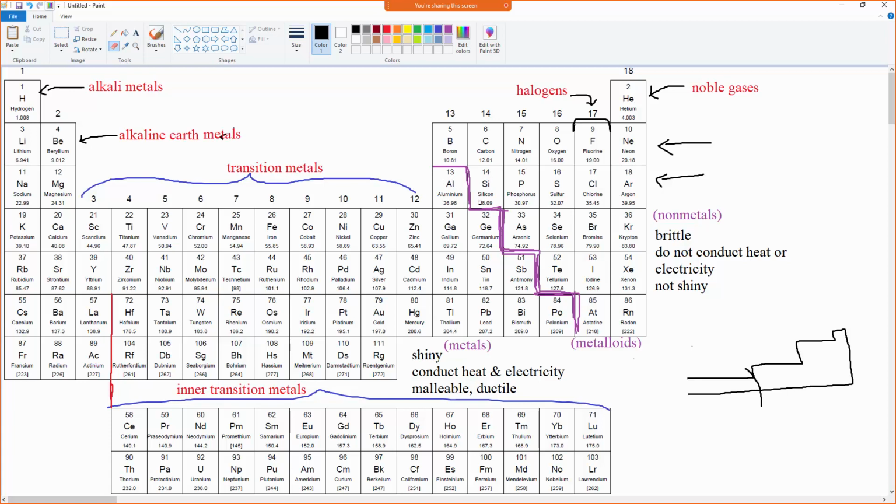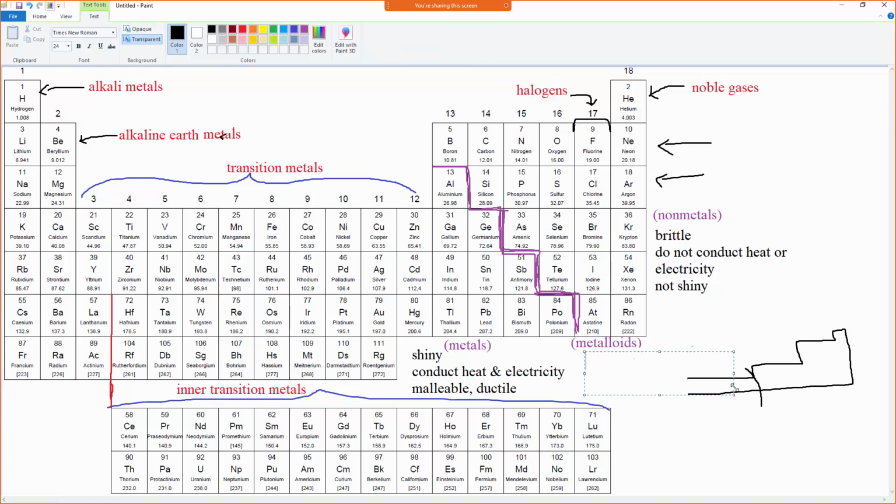But silicon is definitely a metalloid. This is our poster child for the metalloids because silicon, not silicone, is really shiny, like it was a metal, but it's brittle and doesn't conduct heat or electricity. So it does a little bit of both. So some can have some properties of both.